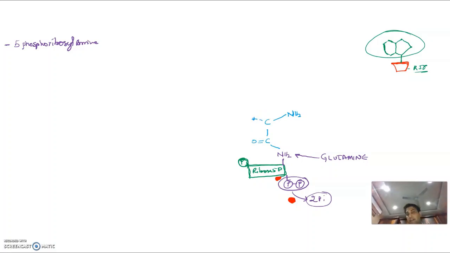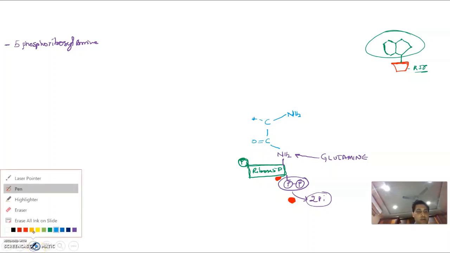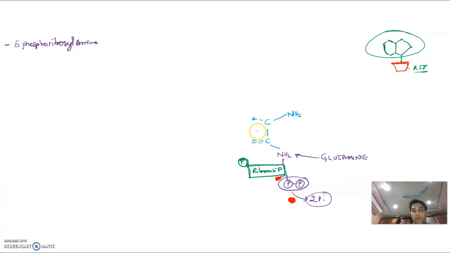So in the next step, a glycine is added. This step also requires an ATP molecule.